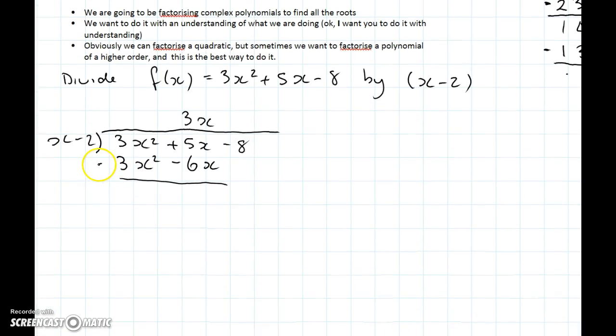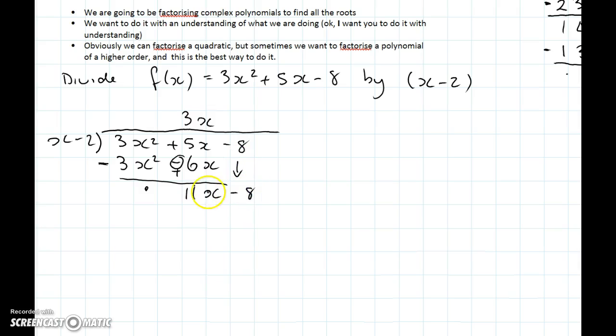Now I'm going to subtract. Remember, if I'm subtracting, that negative goes to both terms, so that's going to become a plus. So that's going to cancel out. 5 plus 6x gives me 11x. And I bring down my negative 8.